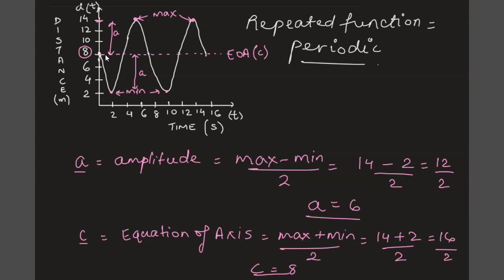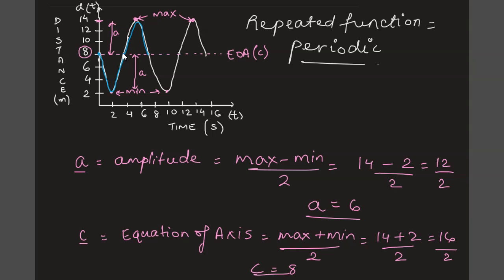Let's talk about the next definition on this graph. Let's say we want to find out the time period. Time period is the time taken to complete one full cycle on the graph. So this is my one full cycle. Why do I call this one full cycle? Because I start at the equation of axes and go below it, and then see where I reach the equation of axis point.